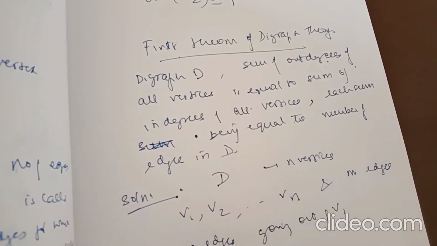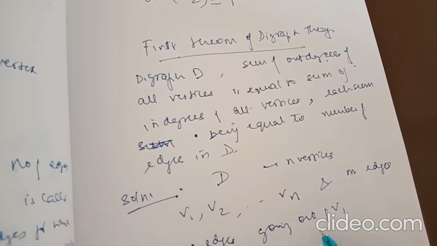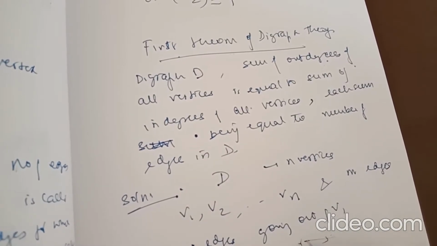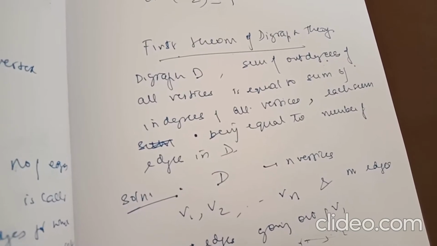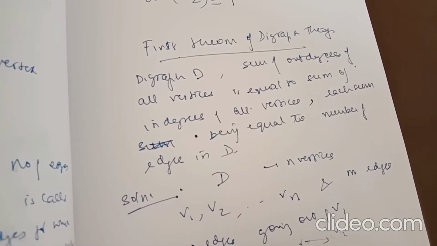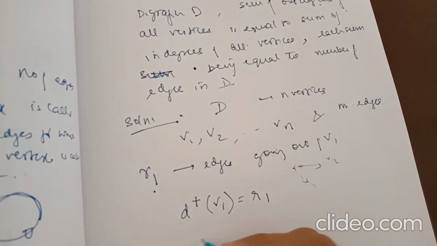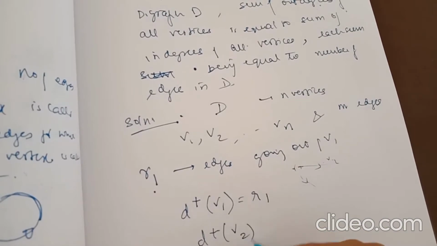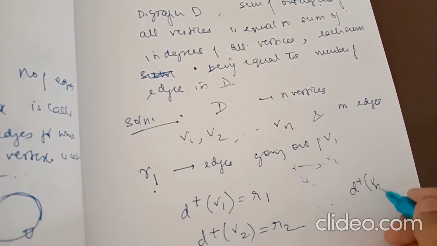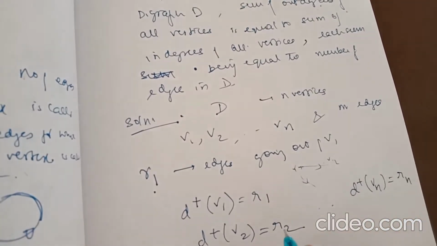Likewise, R2 represents the number of edges going out of V2. So we can say that the out degree of V1 is R1. Similarly, the out degree of V2 is R2, and so on, for n vertices the out degree is Rn.